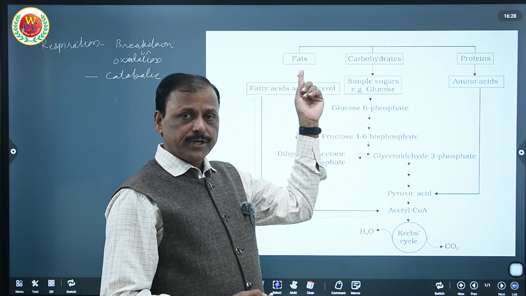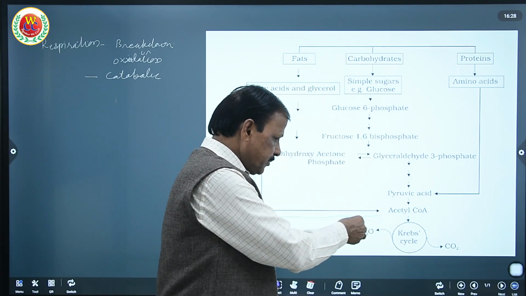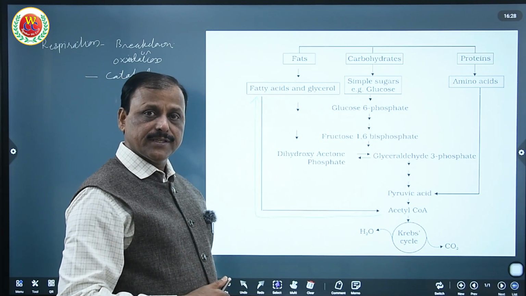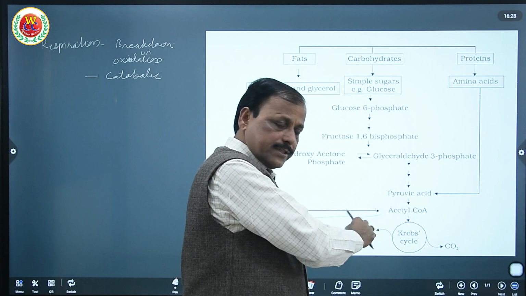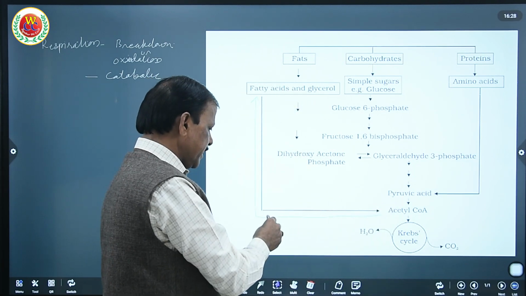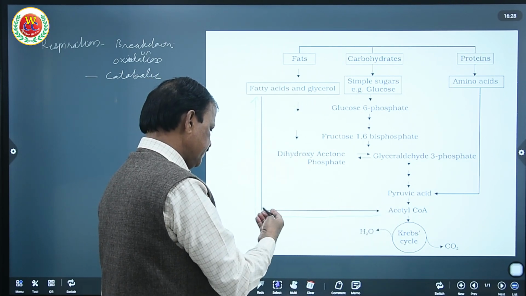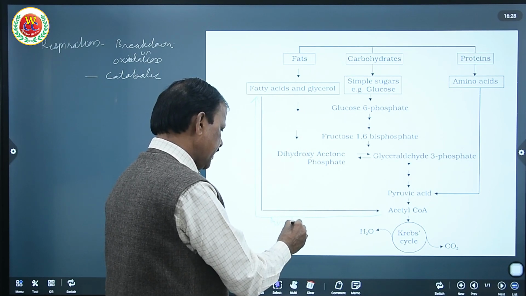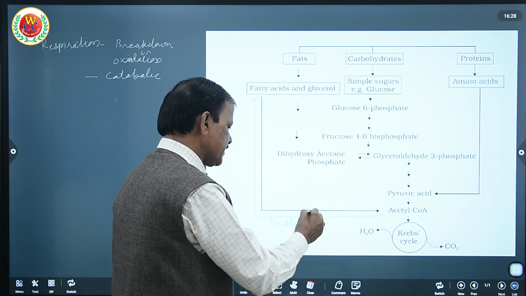When the body requires fat, acetyl-CoA is withdrawn. That means it is a reversible process. As it was a catabolic process, now when acetyl-CoA is withdrawn, it can be called anabolic. When we withdraw, this is an anabolic reaction.